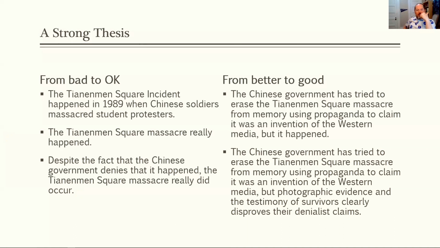Okay, so not only have you given background information, some indication of what the denialists actually say, that it was an invention of Western media, but you also indicate how you're going to prove that they're wrong, that they are denialists, that they are misrepresenting things. Photographic evidence, you're going to talk about that, I assume. You're going to talk about the testimony of survivors, right? You may talk about why they want to make it look like the Western media made it up, talk about their propaganda or something like that.